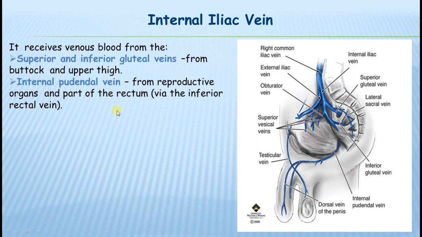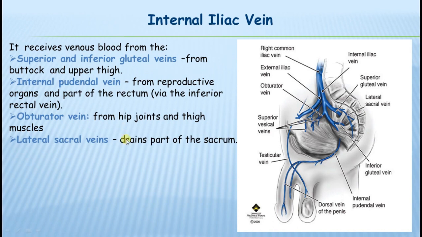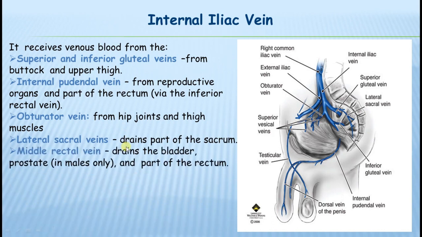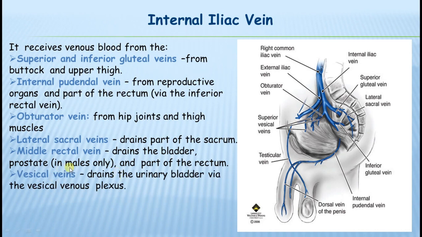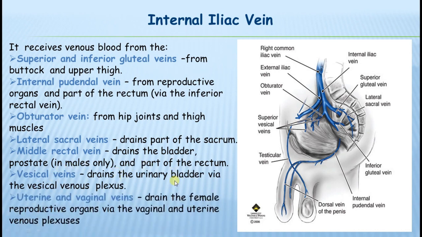Then the obturator vein, from the hip and thigh, and the lateral sacral veins, from the sacrum. The middle rectal vein drains the bladder and prostate in males and part of the rectum. The vesical veins drain the urinary bladder, and there are the uterine and vaginal veins.